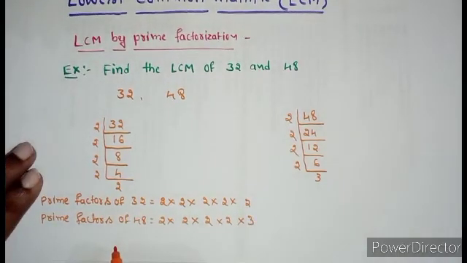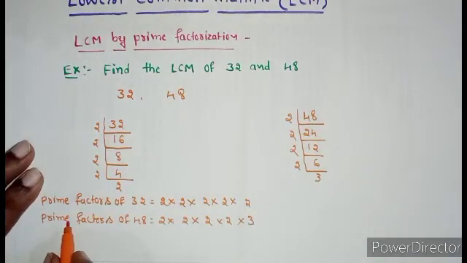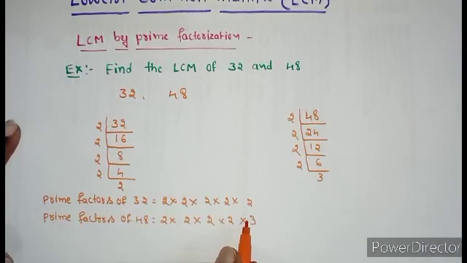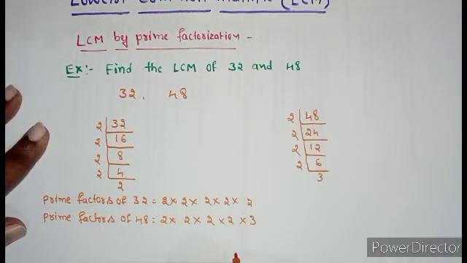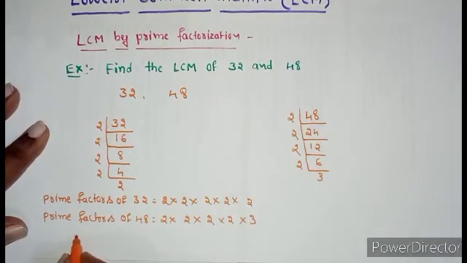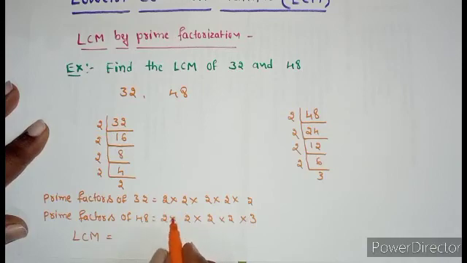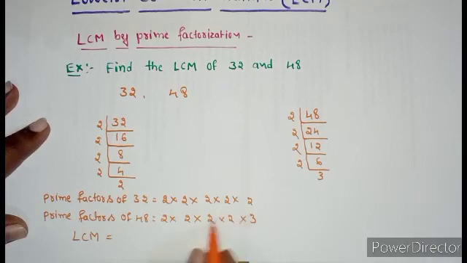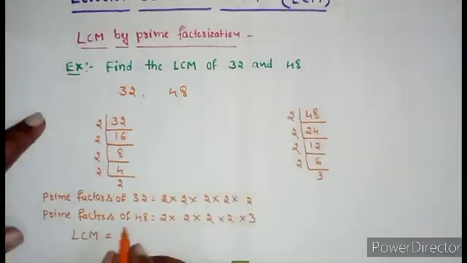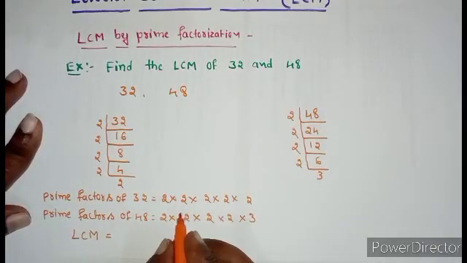Students, now we should multiply the common factors 2 and the remaining prime factor 3 to get the LCM. All of you see here, LCM is equal to the total common factors.